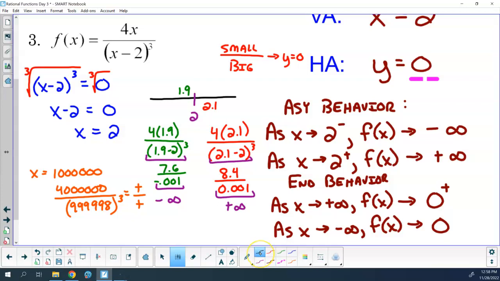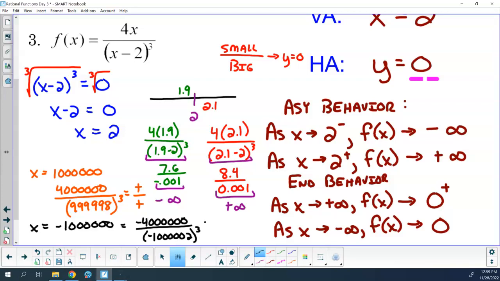If I flip that around and now x is negative 1 million, I would have negative 4 million on top, and I would have negative 1,000,002 cubed on the bottom.